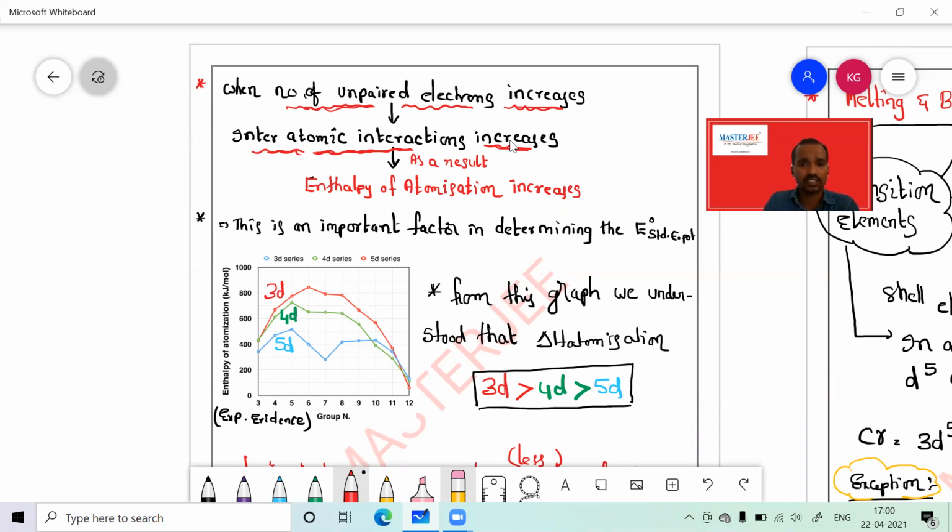When the number of unpaired electrons increases, the number of bonds increases, and interatomic attraction increases. As a result, enthalpy of atomization increases, which means a high amount of energy is used.